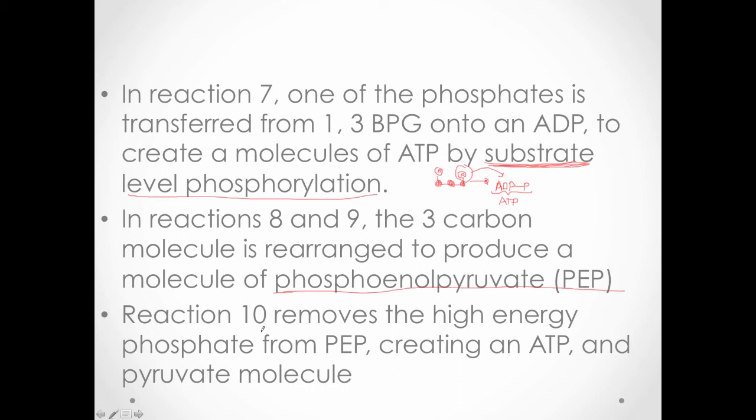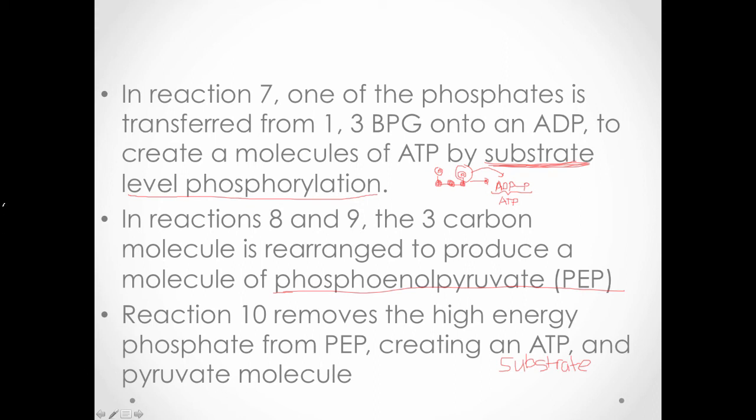And then finally, reaction 10 removes a high-energy phosphate from phosphoenol pyruvate, creating an ATP, again, substrate-level phosphorylation. So it creates another molecule of ATP via substrate level phosphorylation.